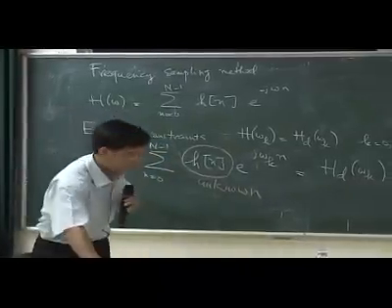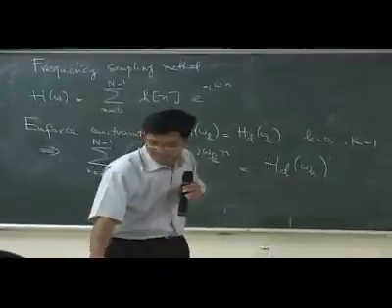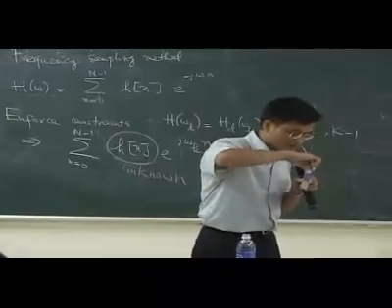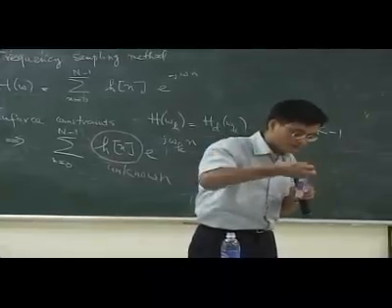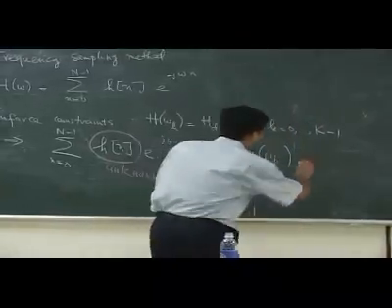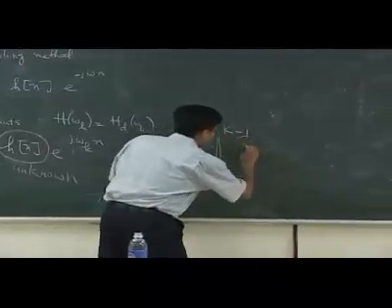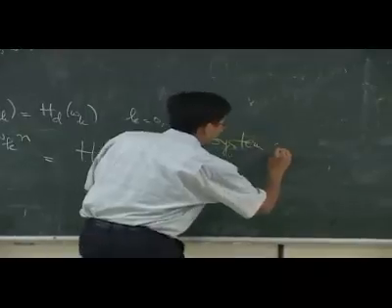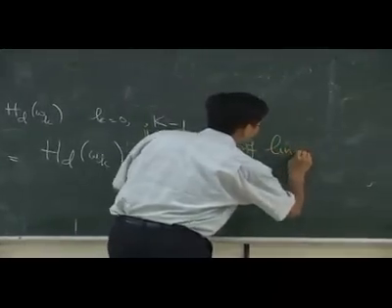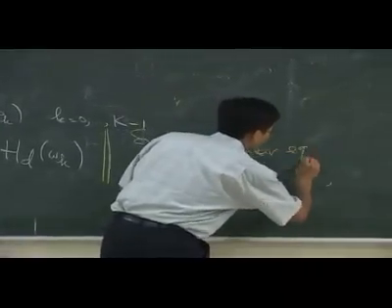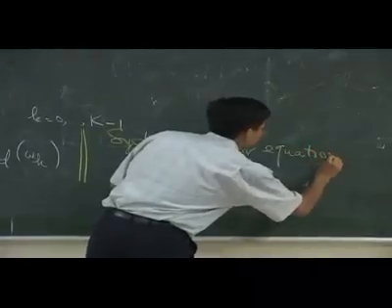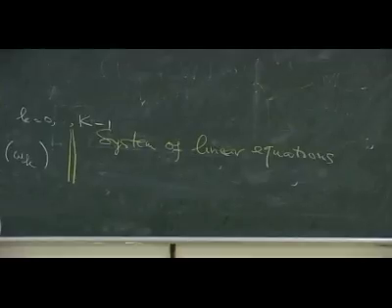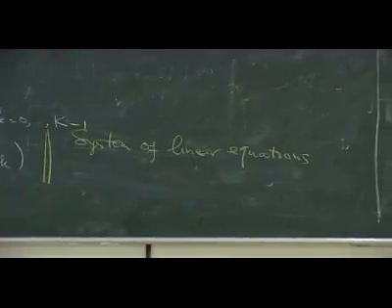So this amounts to simply a system of linear equations. How many unknowns? N unknowns. How many equations?